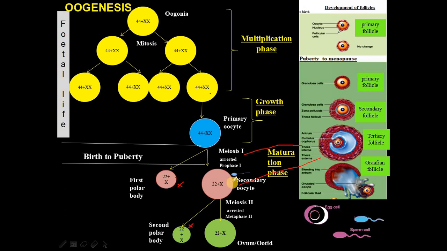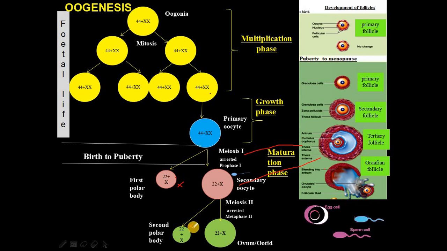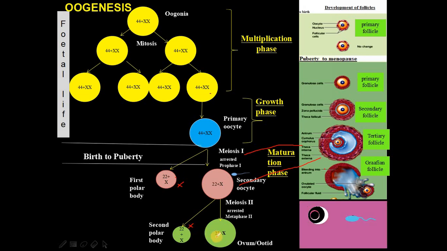If it is fertilized by the sperm, the secondary oocyte forms an ovum and a second polar body. Again, they are of two different sizes because of the unequal distribution of cytoplasm, and the second polar body degenerates. And this is the mature ovum that is formed, and this is the process of oogenesis, where an ovum is formed from oogonia.